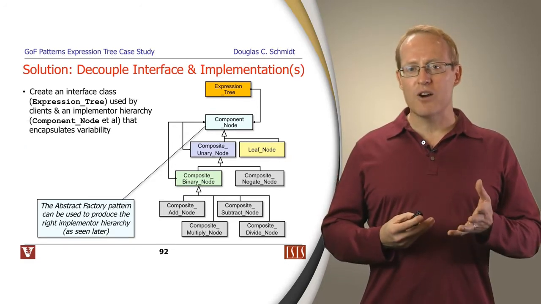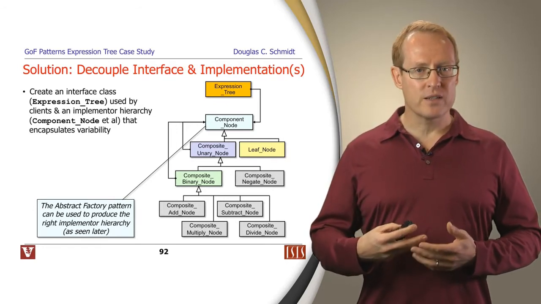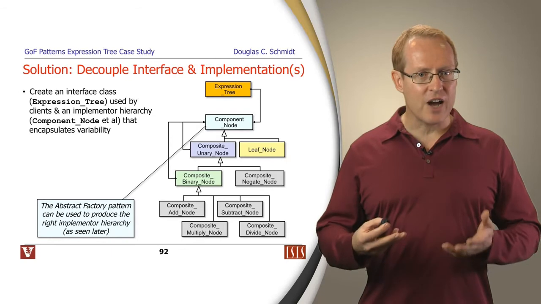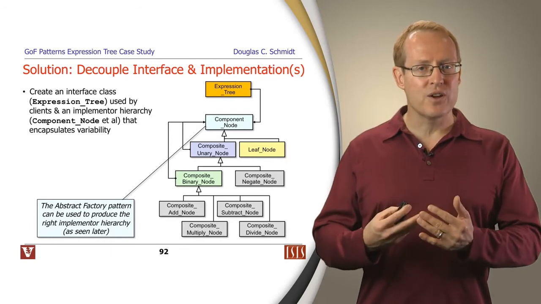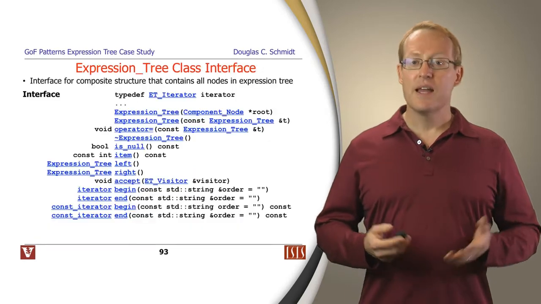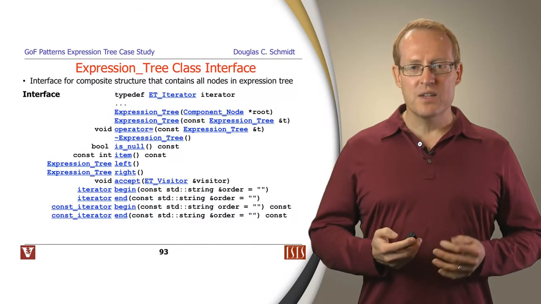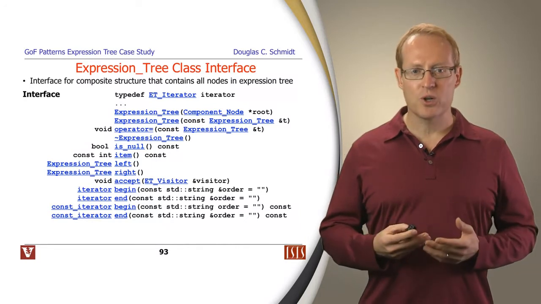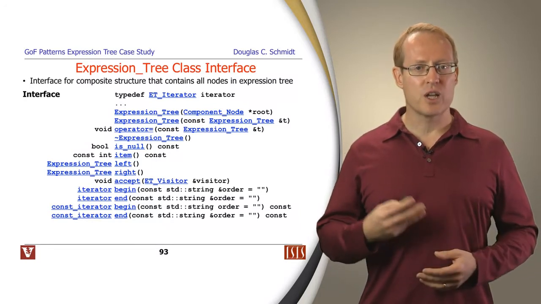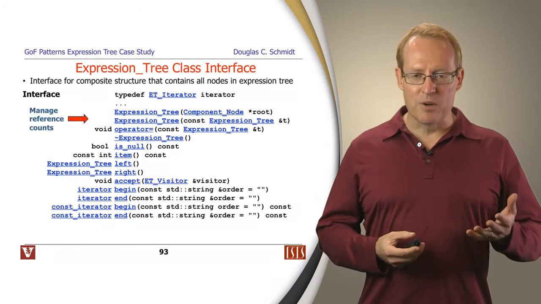We're also going to see later how we can use the abstract factory pattern to create the appropriate type of composite hierarchy that is then glued together with the interface that we're using here with the expression tree. Now, here's a view of the expression tree class interface. This is the interface for this composite structure that contains all the nodes in a particular expression. As you can see in this interface, it has a couple of interesting things.